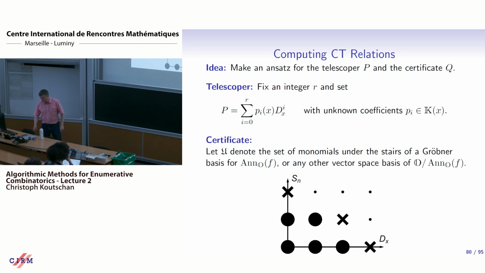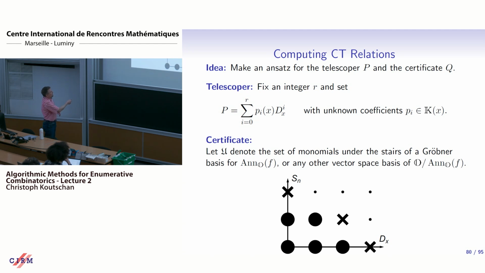So the imagination is that every cross spans a cone, a quadrant that has its corner there. This cross deals with everything in this quadrant, it cuts out everything here, and this one cuts out everything here, and so on.